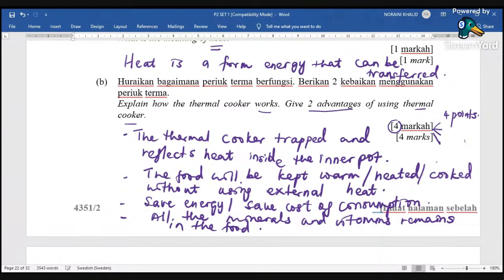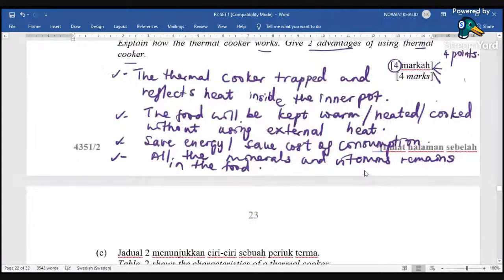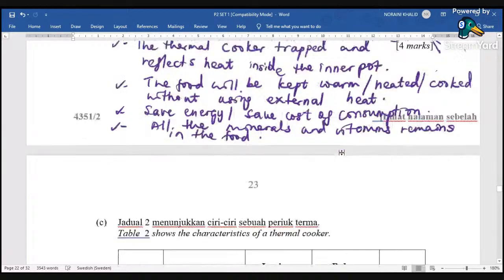So this one is 4 marks, so you have 4 points. Don't keep writing the same point until one whole page for 4 marks. No need. Make sure you have 4 different points.